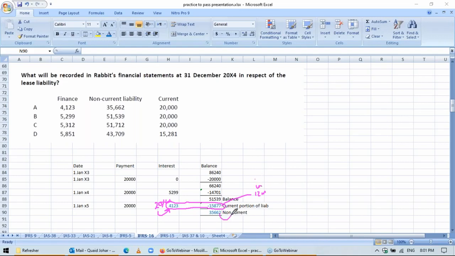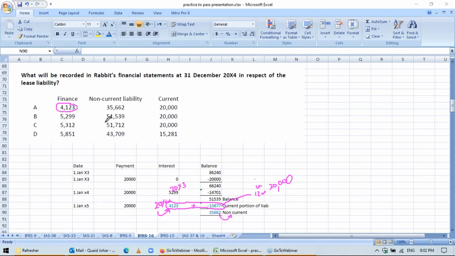This amount is non-current. So the total amount of current liability is 20,000. The interest which has got due for 2004, sum of these two, the interest due and 15877. So the financial charge for 2004 is this much. This 5299 is for the first year, 20X3.